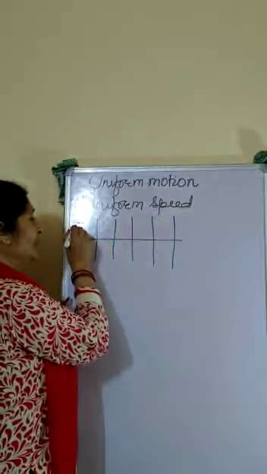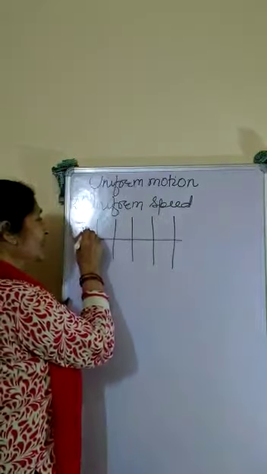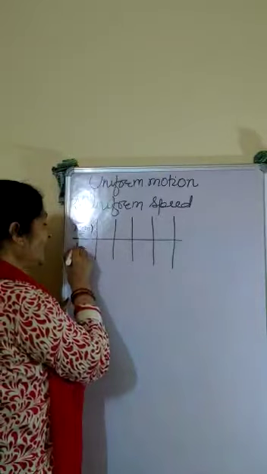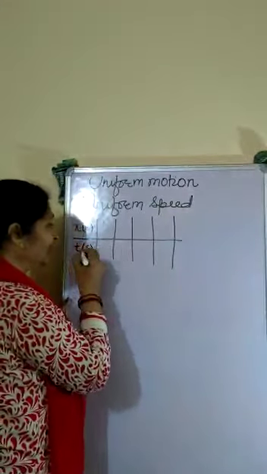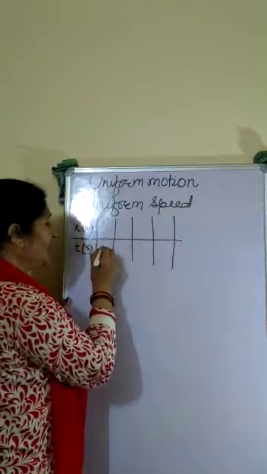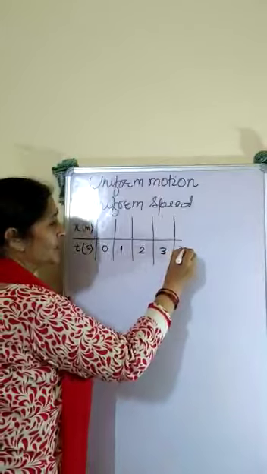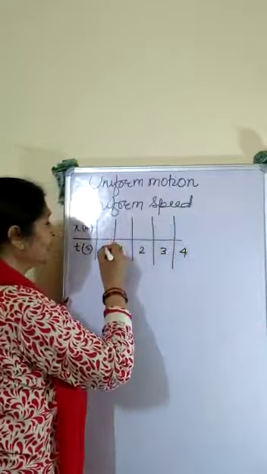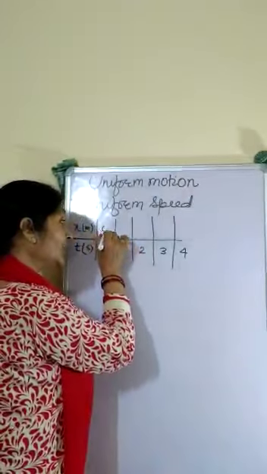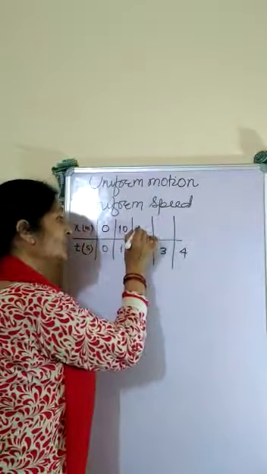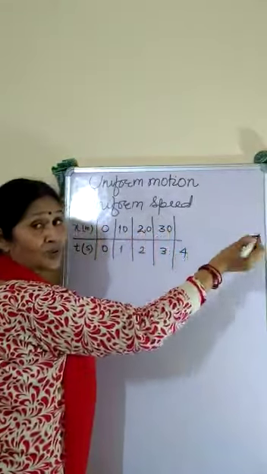Distance traveled is represented here by x, and this is in meters. Time is represented by t, and this is in seconds. The time is 0, 1, 2, 3, 4, 5 and so on, and the distance traveled is 0, 10, 20, 30, 40, 50 and so on.